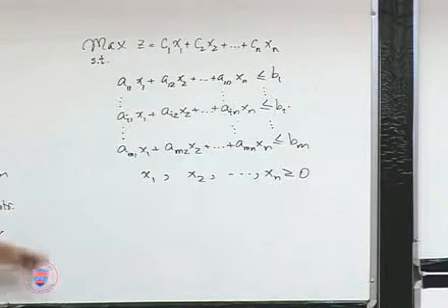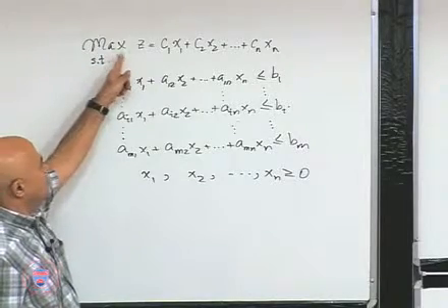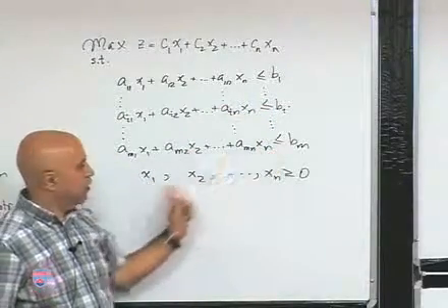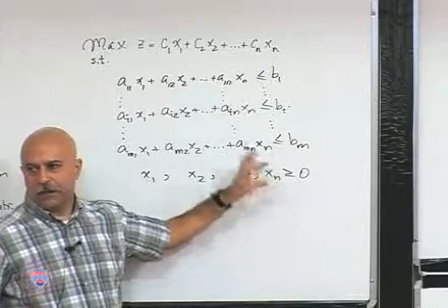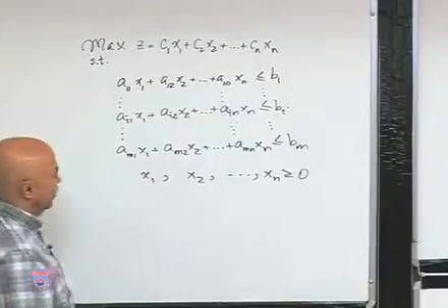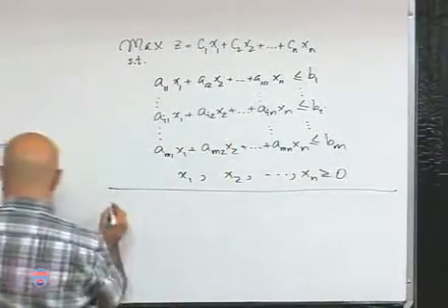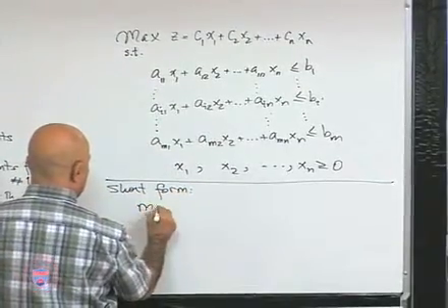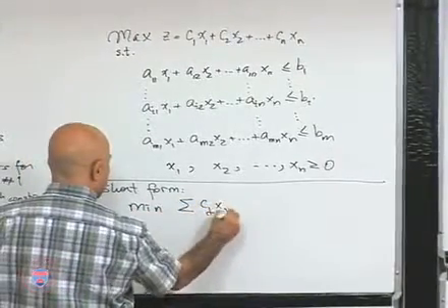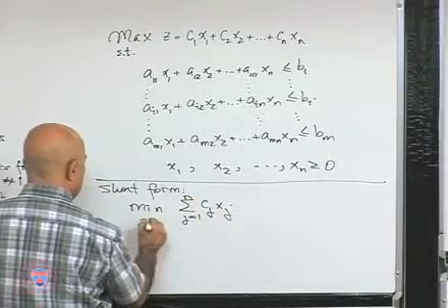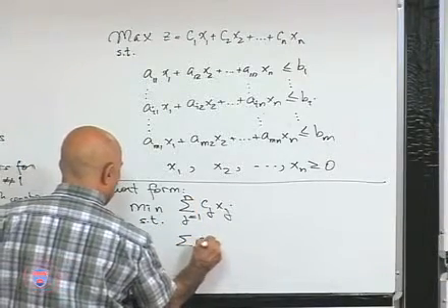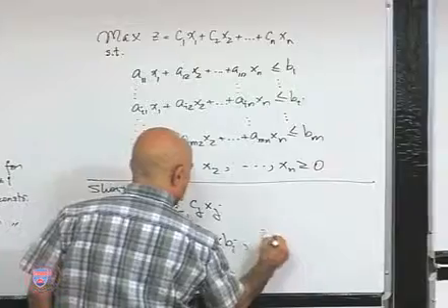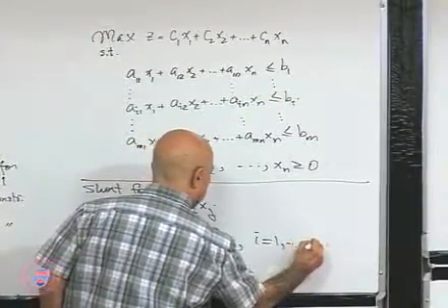Canonical form maximization refers to the maximization of a linear function subject to less or equal to type functional constraints with non-negative variables. There are many types of deviations from these, but nevertheless, we'll go into that later. The short form for this is to maximize the summation of cj xj, j going from 1 to n, subject to the summation of aij xj, j going from 1 to n, less or equal to bi, and this is repeated for each i going from 1 to m.